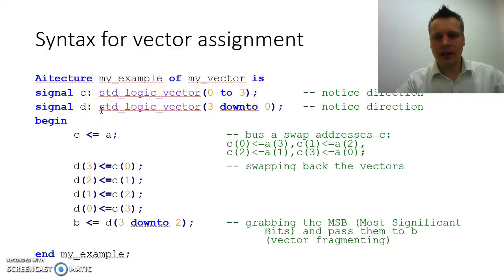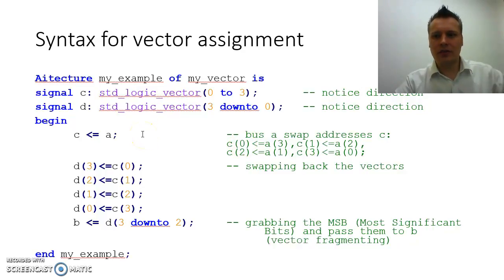And we have an example going from 3 down to 0. Both of them are 4-bit buses. We can now just map A to C. Basically, that will swap the direction of the bus, right? So the index 3 in vector A will be the same as the index 0 in vector C, and so forth.